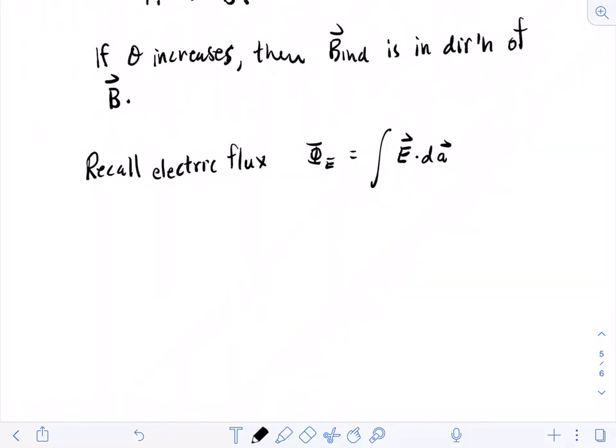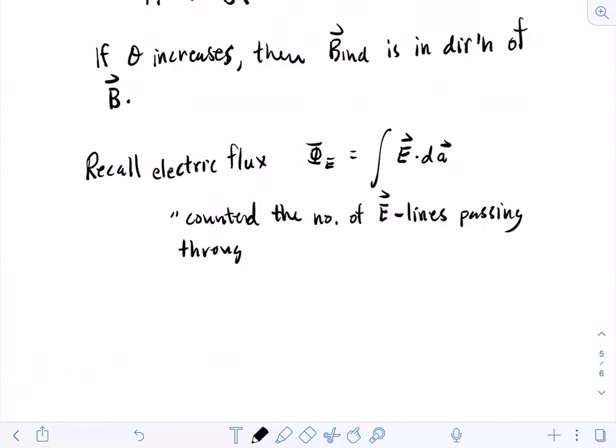And what it did is it counted the number of electric field lines passing through some surface. For Gauss's law, it was a closed surface, but it could be an open surface. And so this could be evaluated over any surface.